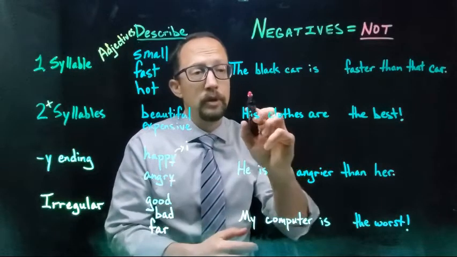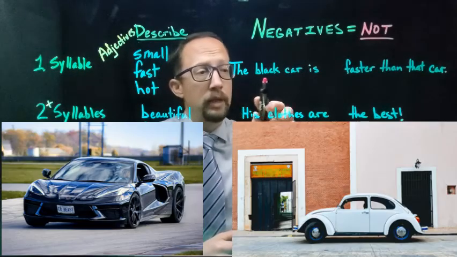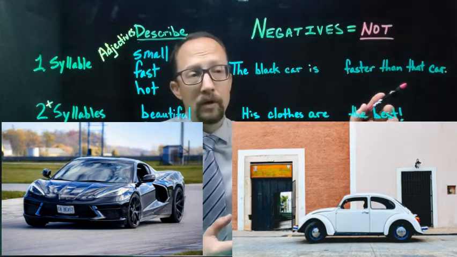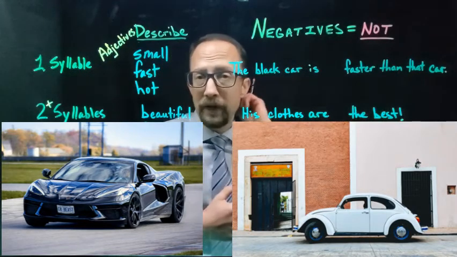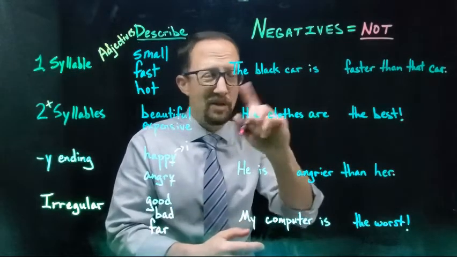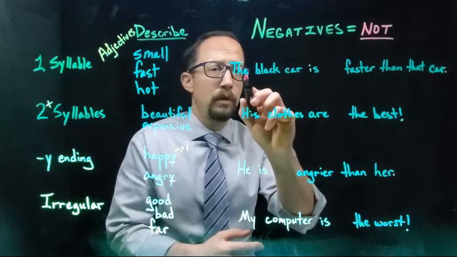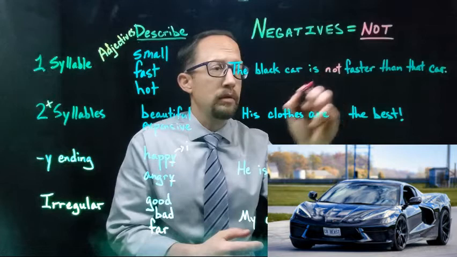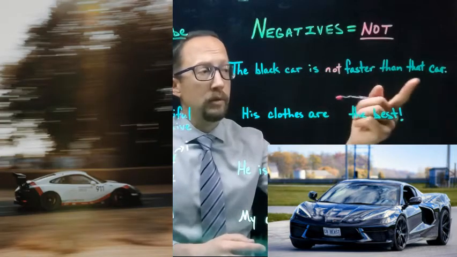For example, you can say the black car is faster than that car. But if you want to say, no, that's not true, you can write: the black car is not faster than that car.